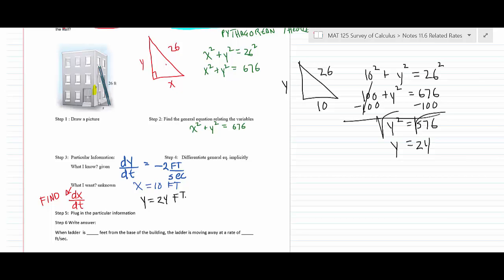You were given 10, and we had to find y by the Pythagorean theorem. The question is to find the rate that it's going this way. That's x, which is why I have dx over dt. You're always going to have dx over dt, dy over dt, dz over dt, like that. Now here's what you do.